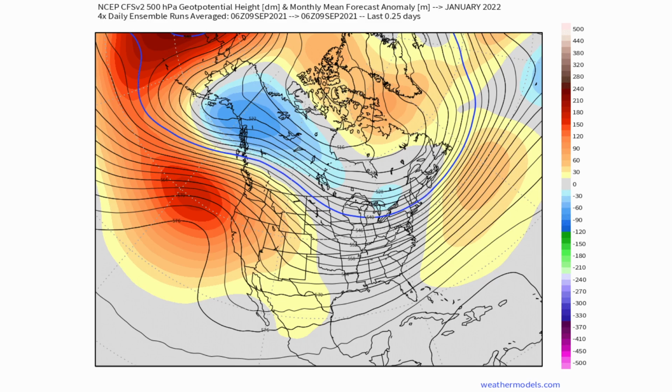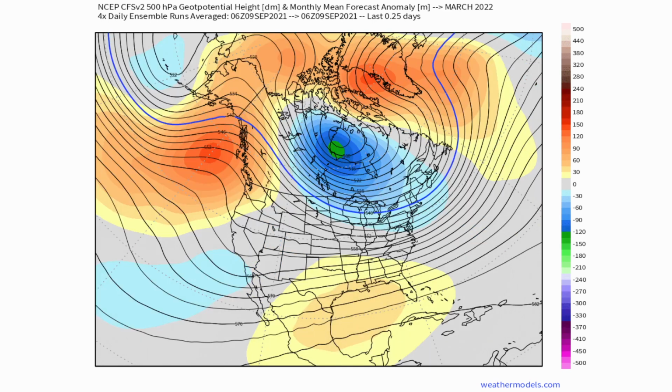You can see that the CFS forecast has a warm bias, especially on the surface of this model. Once you get into the upper air, that bias gets removed a little bit, which is why I like the upper air maps a little bit more. And you can see that has that trough for January well into the eastern United States, still warm for the west, and then you can see for February that it does get a little bit colder into those areas where you're still dealing with a fairly big trough into the eastern United States.